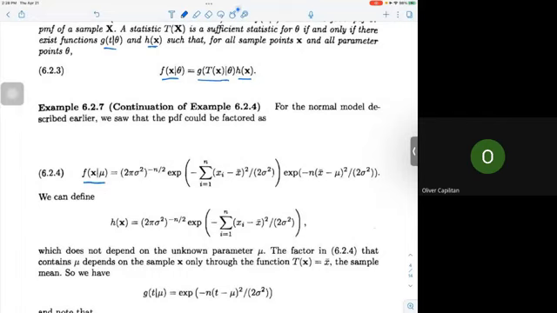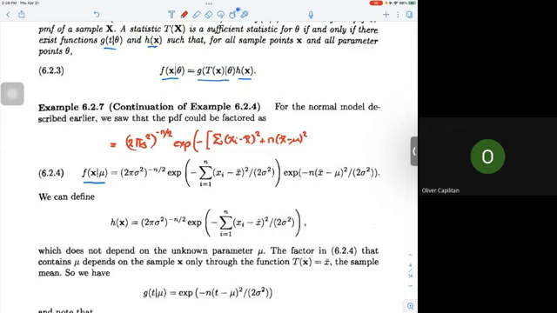We got that in 6.2.1, this is the expressed PDF: 2 pi sigma square raised to the negative n over 2, times the exponential of the summation of xi minus x bar, plus n times x bar minus mu quantity square.